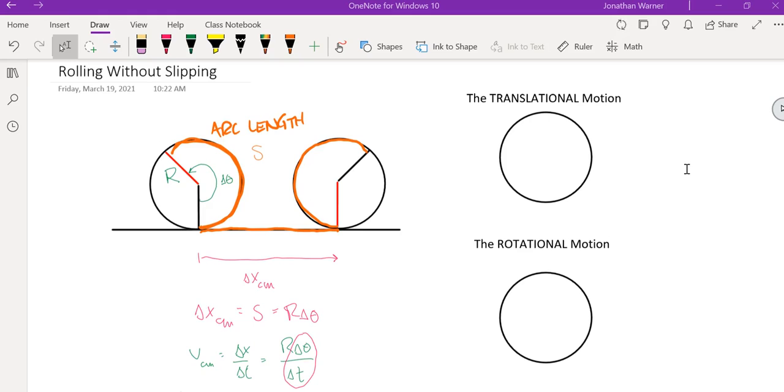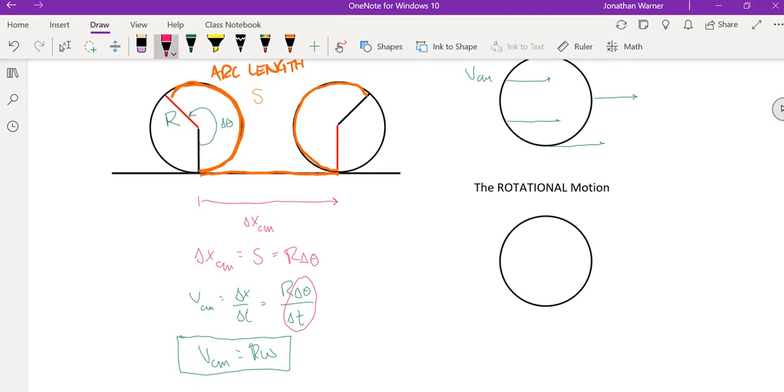What that means is that every part of this object moves along a path at this speed that we can call VCM. The object moves along a path, and every part of it moves at the same speed translationally. Agreed?